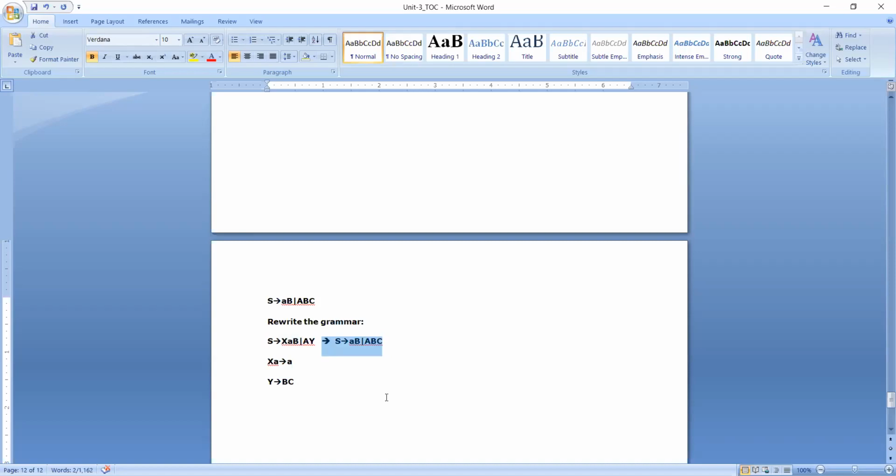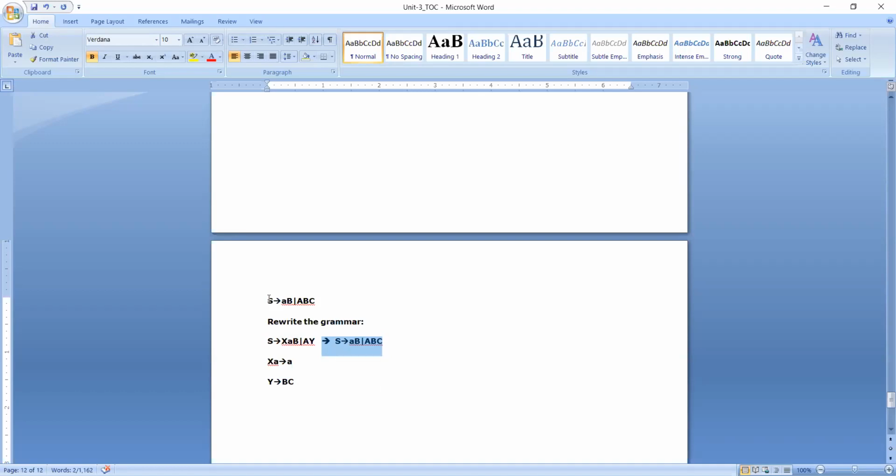Please try to understand. Normal forms are nothing but this: we can have a grammar in different ways, and we are going to rewrite whatever grammar we have in some standard format. What is that standard format?